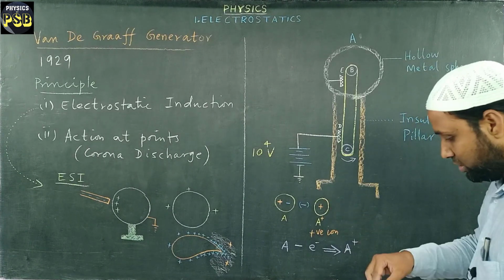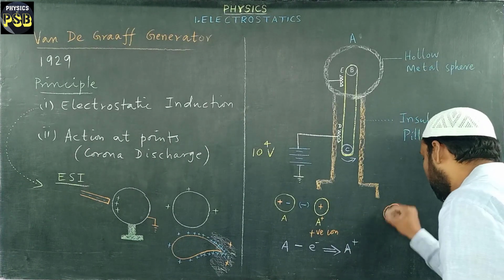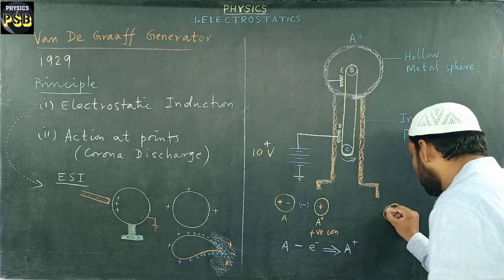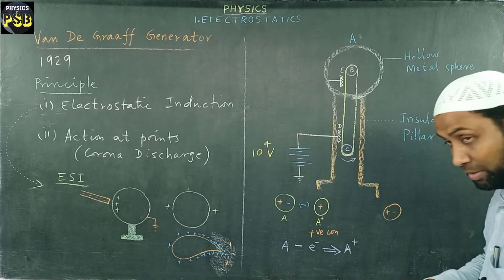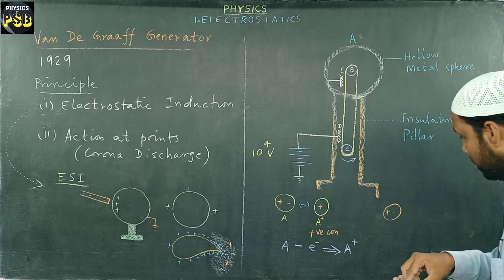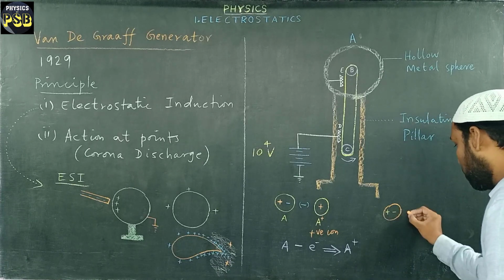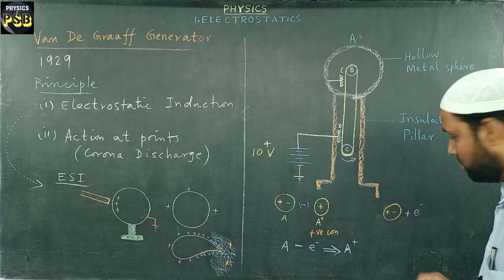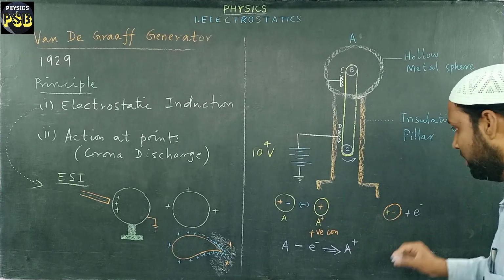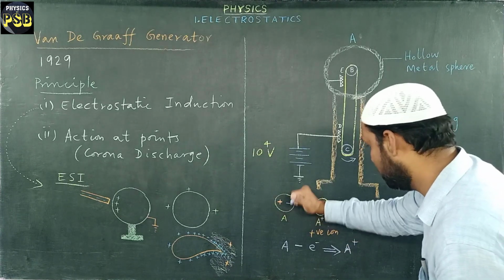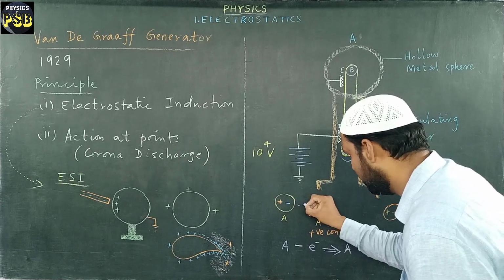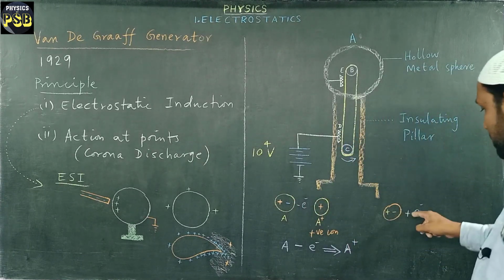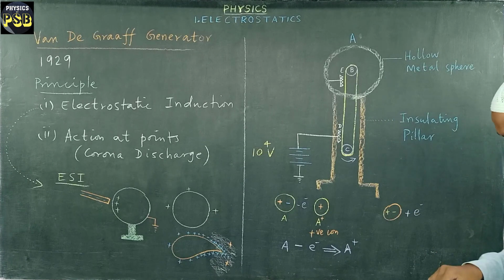If you do the reverse thing, what happens? Suppose I have the same object, with a positive charge and a negative charge. Suppose I give an electron to this. Then I add the electron here. To make you understand this in a better way, I write minus e. Then I have added an electron to this.